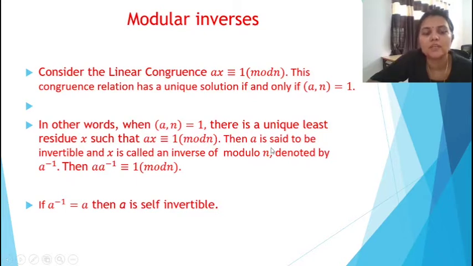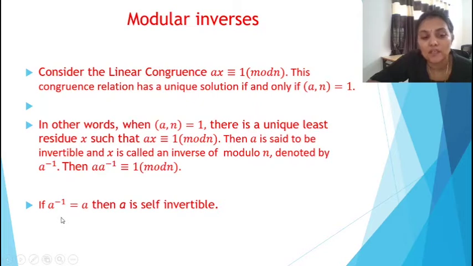Then a is said to be invertible and x is called an inverse of a modulo n. The inverse of a is denoted by a⁻¹, so a·a⁻¹ ≡ 1 (mod n).